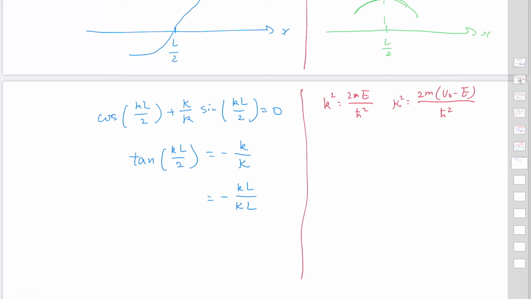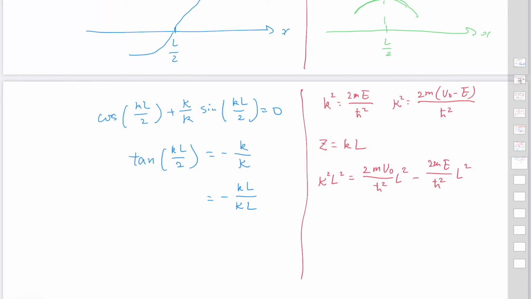So if you introduce a new variable z equals kL, then κ²L² is expressed as 2mU₀/ħ² L² minus 2mE/ħ² L².